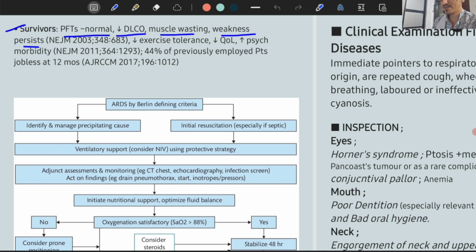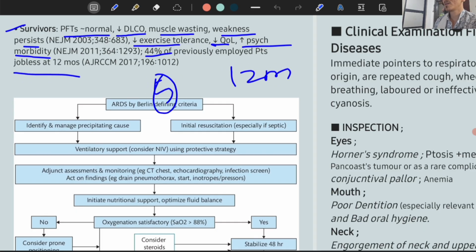They will have decreased exercise tolerance, decreased quality of life, and increased psychological morbidity. 44% of previously employed patients will be jobless at 12 months. That is approximately half of the patients who survive ARDS will not be capable of doing a job at 1 year.